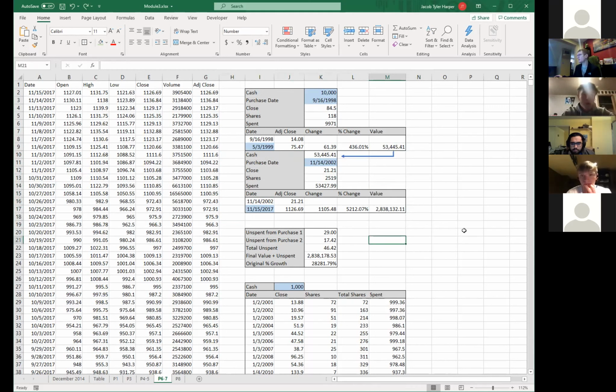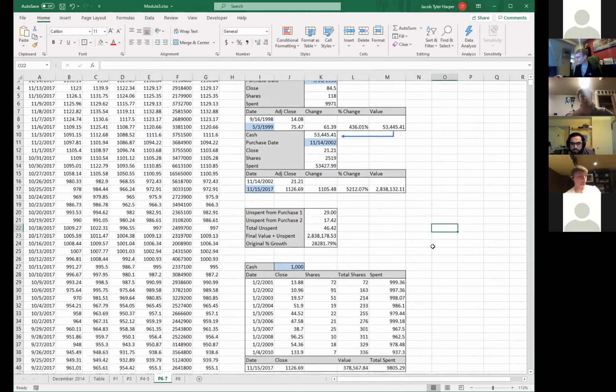Now, there's a couple other follow-up questions about like unspent money. That is a little bit different. What's it talking about? Well, for example, initially we had 10,000, but we only spent 9,971. So the difference, what's left over, was unspent, and then they have you carry that work forward to finish up some of those questions.